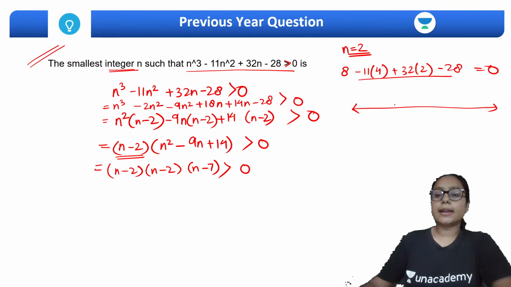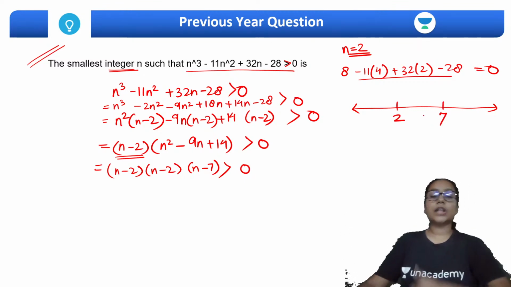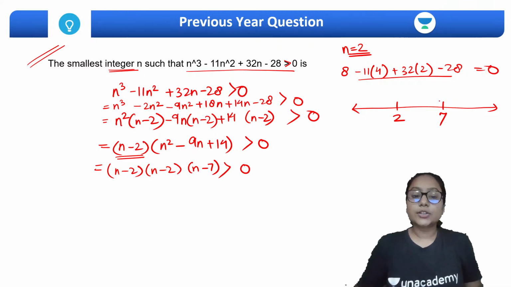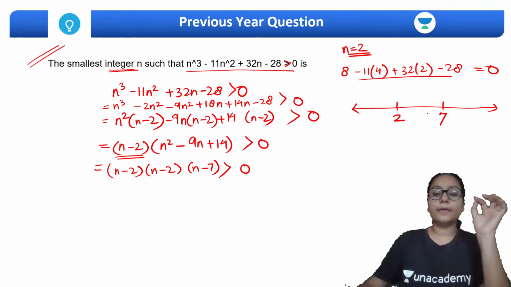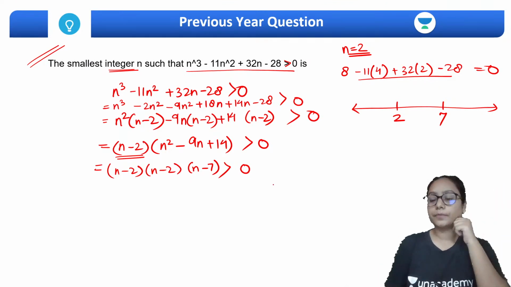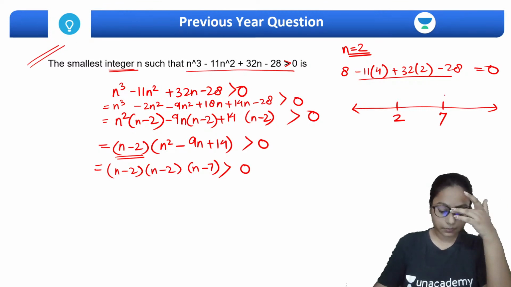On the number line we just plot the factors 2 and 7. So now the number line is divided into 3 parts. Can you tell me a value of n which satisfies this inequality from this region?